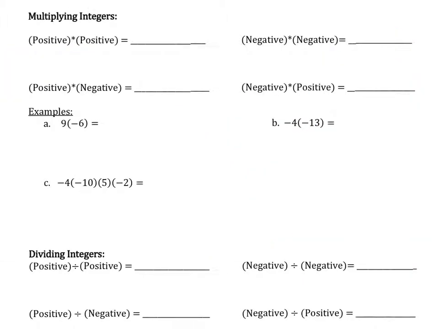Now, there's a couple of rules that I'm sure you all are aware of when it comes to multiplication and division, so we're not going to spend a lot of time going over the rules. When I multiply a positive number times a positive number, my product is going to be positive. When I multiply a negative times a negative, my solution is also going to be positive.